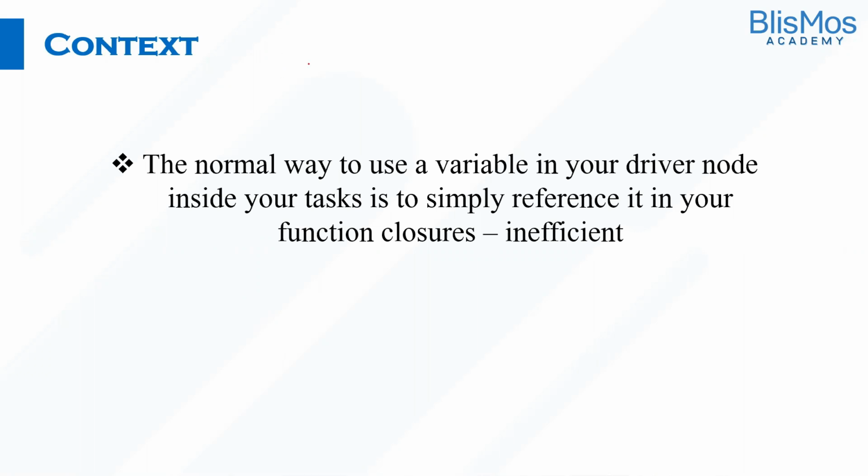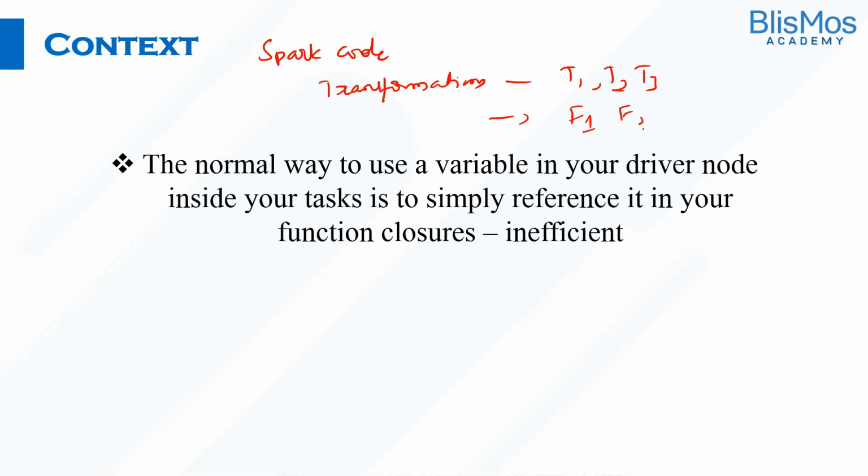Let us say you have written a Spark code. A Spark code may have some transformations, let us say T1, T2, T3, and also some functions, function 1, function 2.